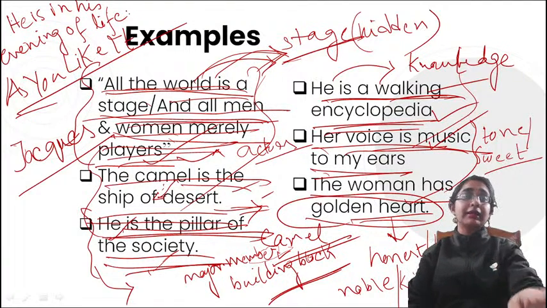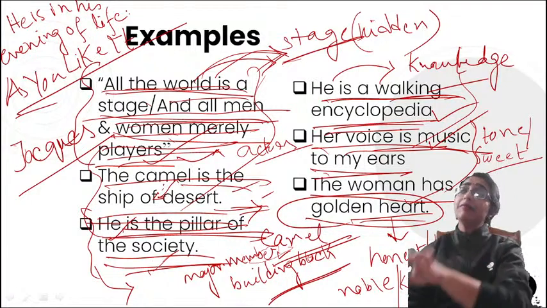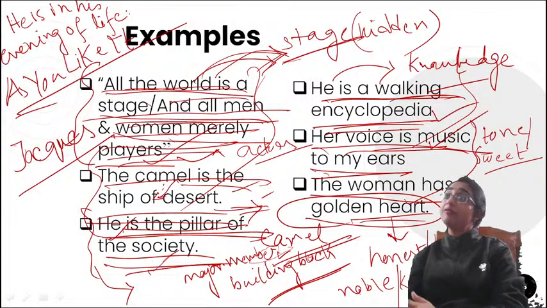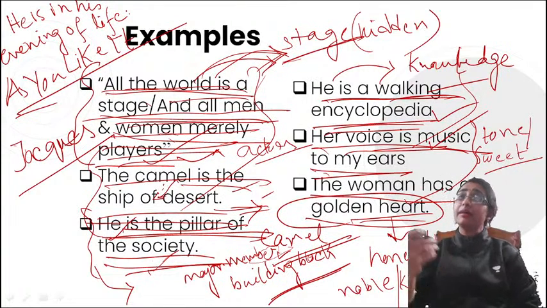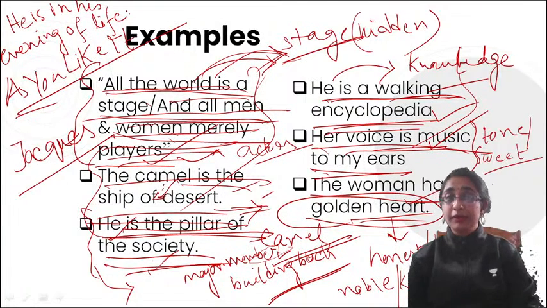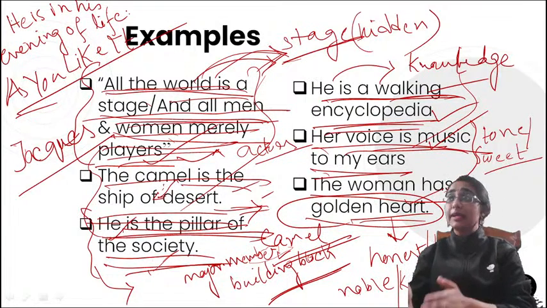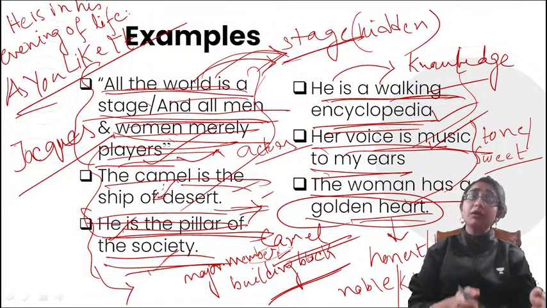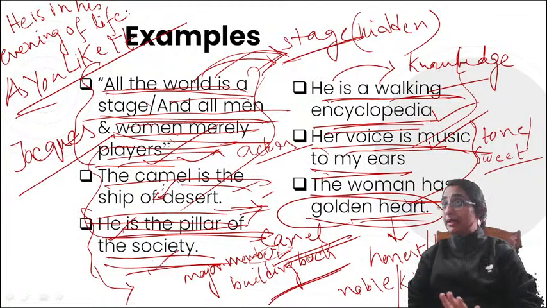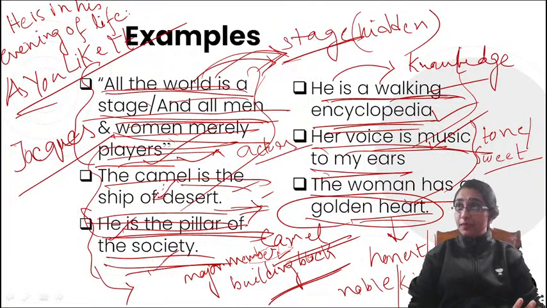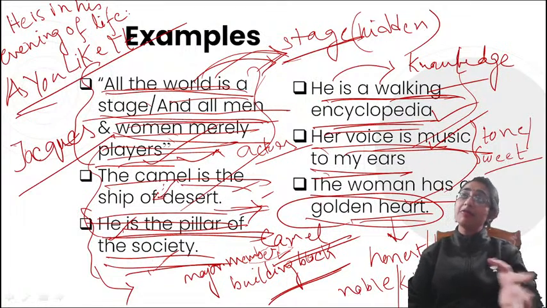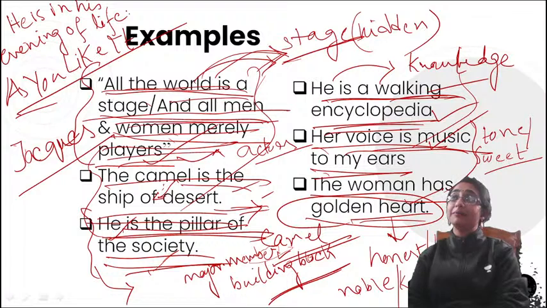So when I say the person is in his evening of life, it means his life is also going to end very soon. Maybe he has come to his old age. He is going to die very soon. So here the end of the day, evening, is compared to the end of life, but there is no clear-cut comparison. The comparison is hidden.